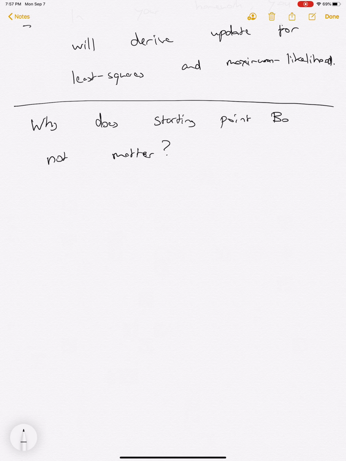Another question to think about is, why does the starting point b0 not really matter, in terms of the fact that you will always converge?